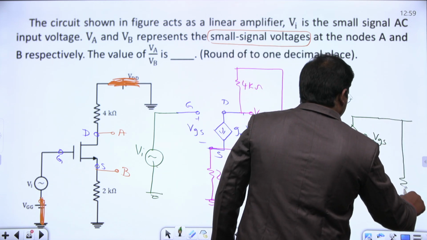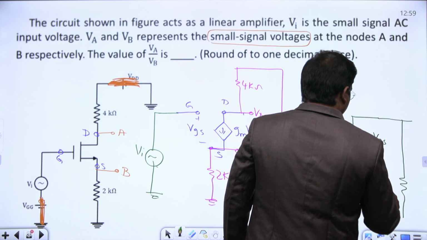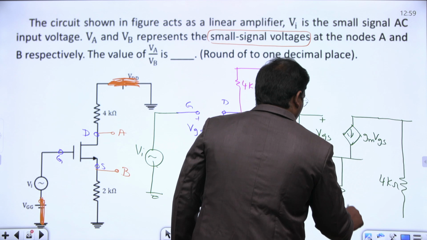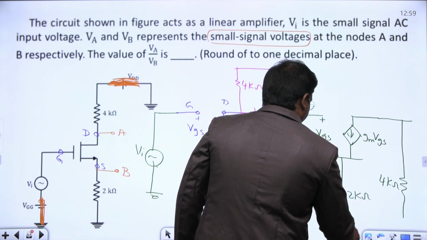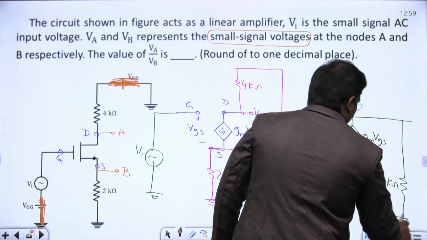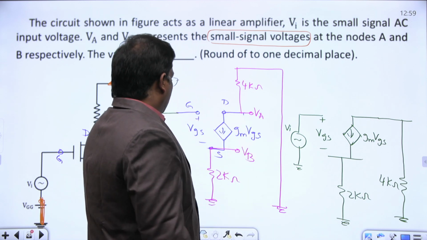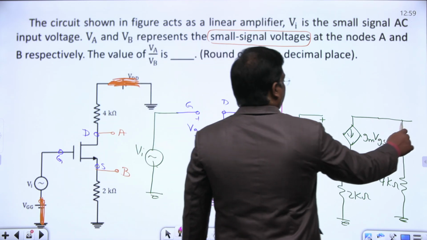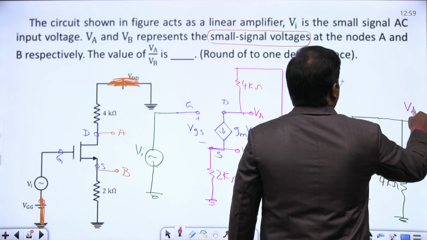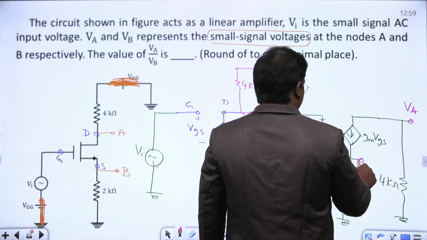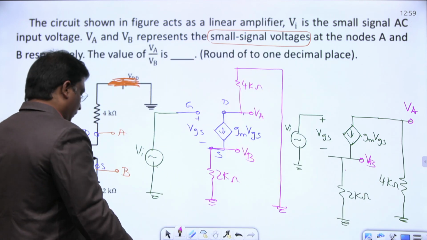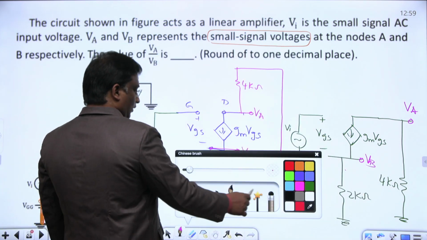This resistance is your 4 kilo ohms, and this is your 2 kilo ohms, both grounded. Here this is VA. This voltage is VA, and this voltage is your VB. That's all, VA, VB. Now everyone, notice here.